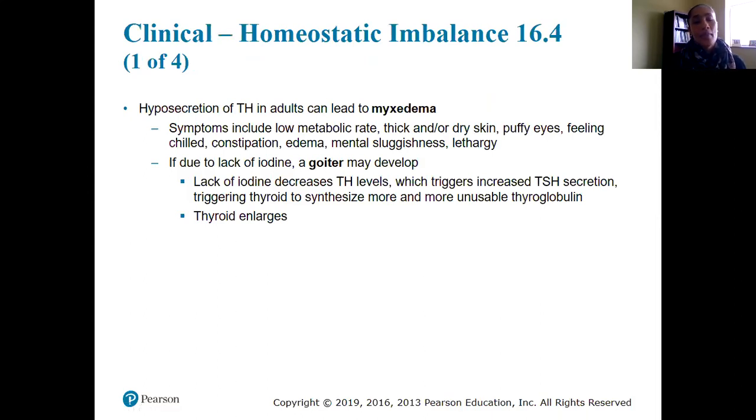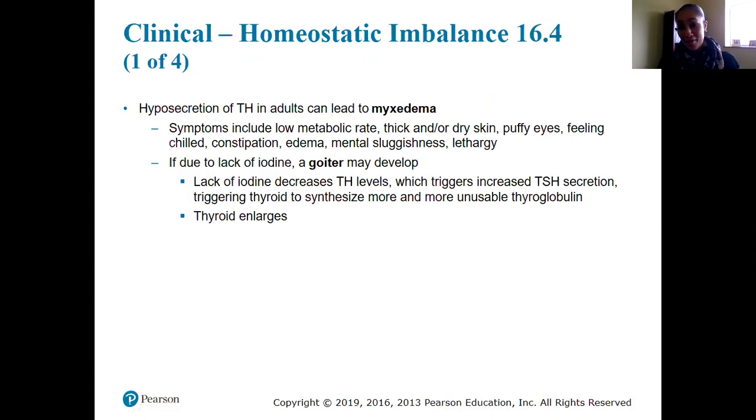This lack of iodine decreases thyroid hormone levels, which triggers the release of TSH, us wanting to release more thyroid hormones. And because we have low levels of thyroid hormone anyway, that's going to trigger the anterior pituitary gland to release more TSH.